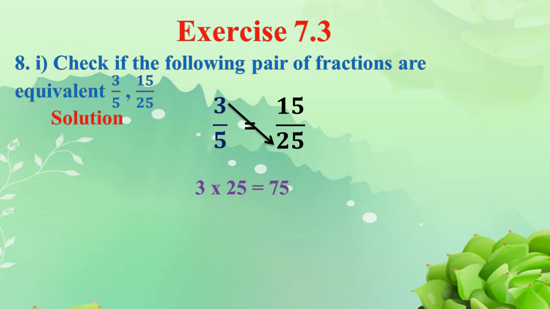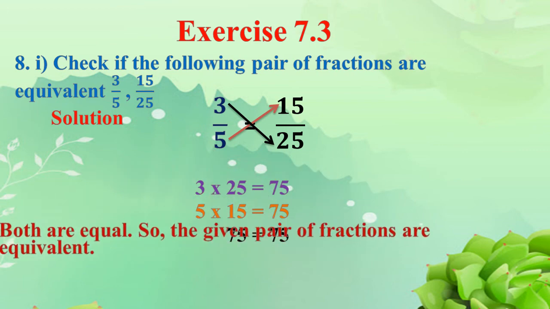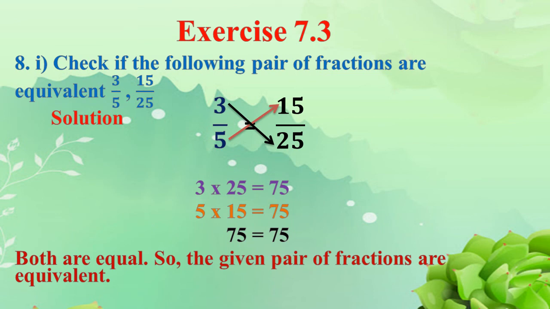Then second formula, that is first denominator into second numerator. So that is given 5 into 15, we'll get 75. So both products are same. So we can write both are equal. So the given pair of fractions are equivalent.